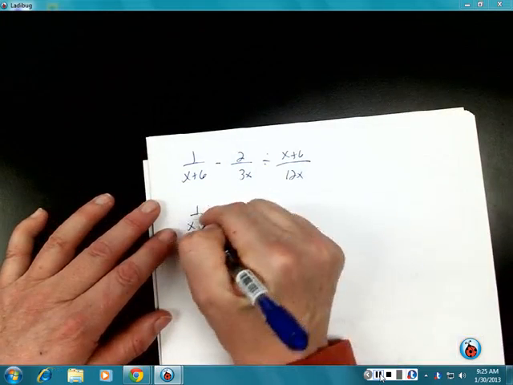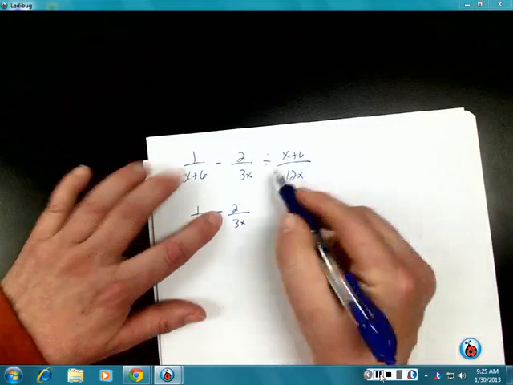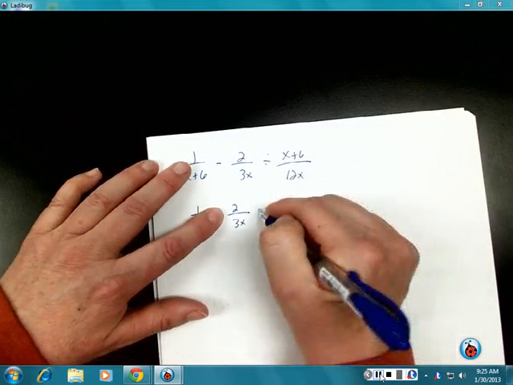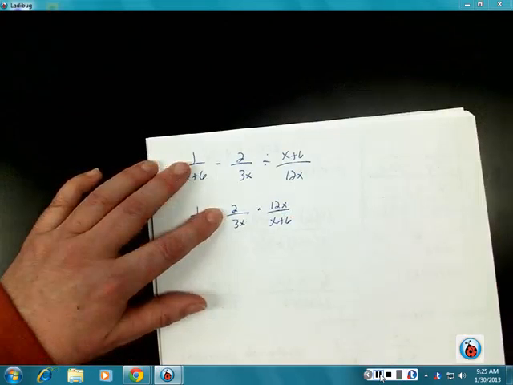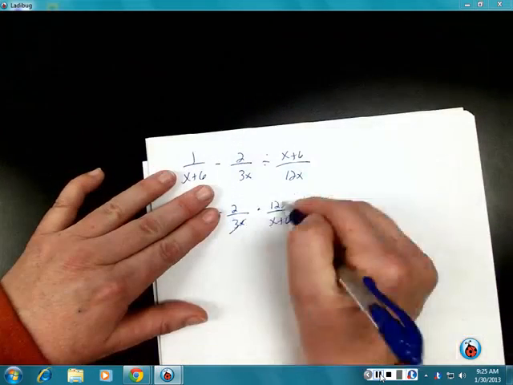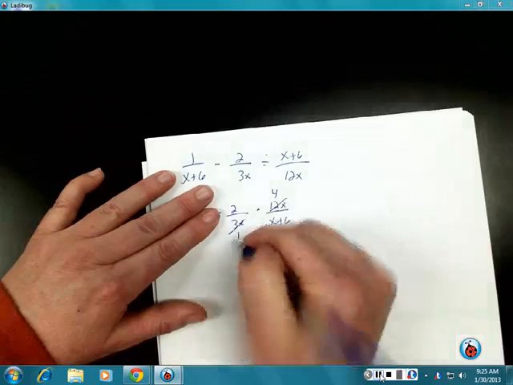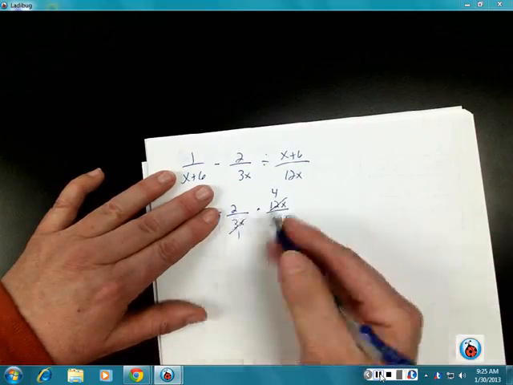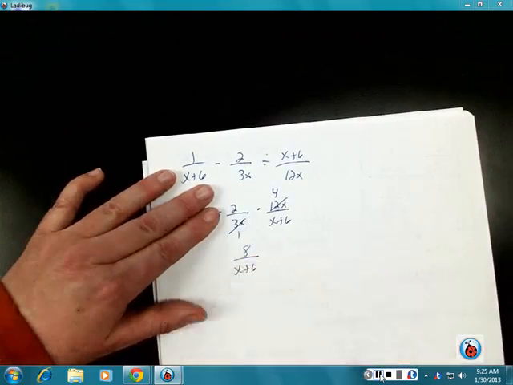So 1 over x plus 6 stays, minus 2 over 3x, but this part has to invert, so I get 12x over x plus 6. What cancels in there? 3x and 12x gives me a 4 and a 1. So really all I have left is 2 times 4 is 8 over x plus 6.